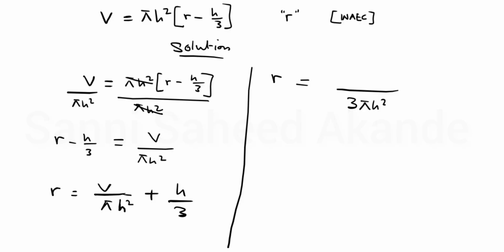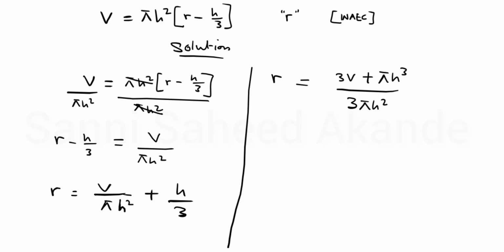Then 3 times v will give us 3v, then plus, this LCM divided by 3 will cancel the 3, and then you are left with pi h squared. Then pi h squared times h will give us pi h cube. Is that understood? And this is our final answer to this question. All right, so let's continue.